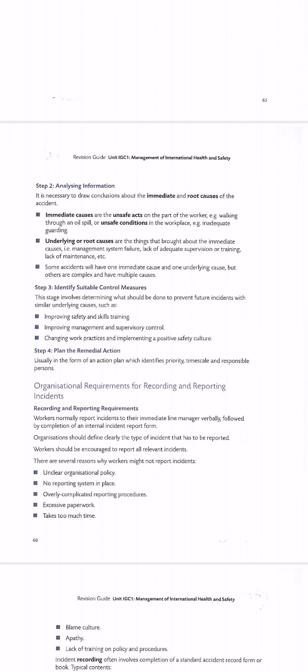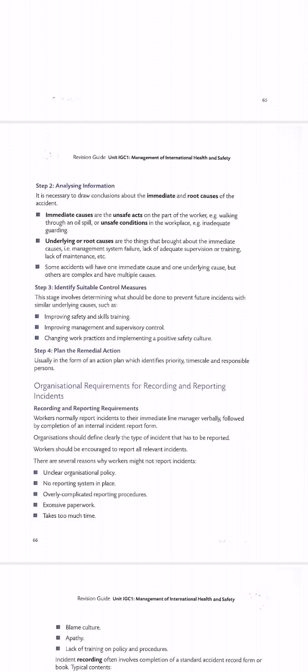You have to check management system failure, or lack of adequate supervision, or lack of training, or lack of maintenance, to check for the root cause. Then also some accidents will have one immediate cause and one underlying cause, but others are complex and have multiple causes.